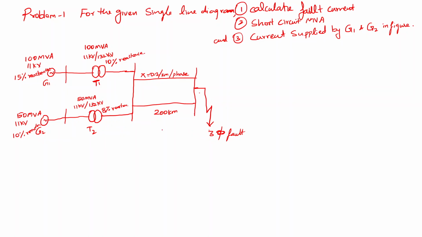So given this diagram, we need to first calculate the fault current, IF actual, and SCMVA, and the current supplied by generator G1 and generator G2.